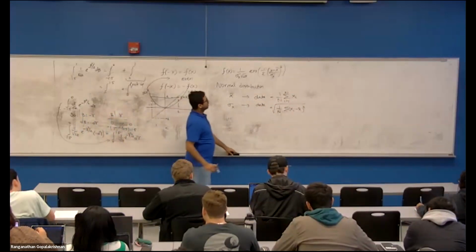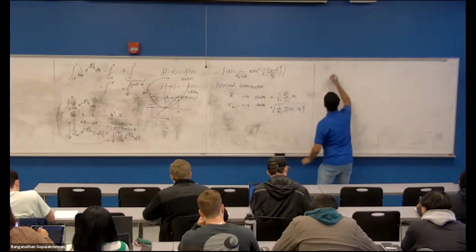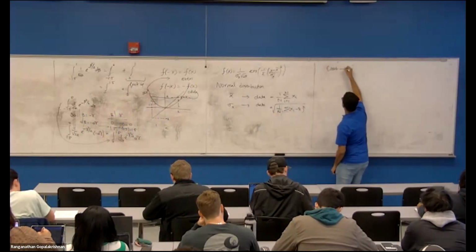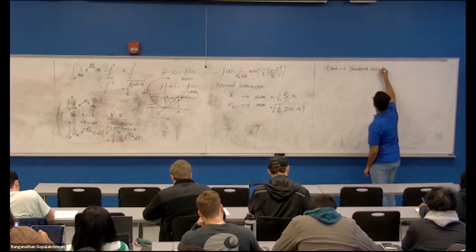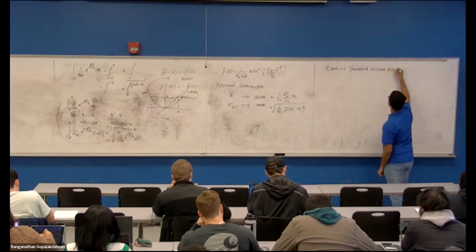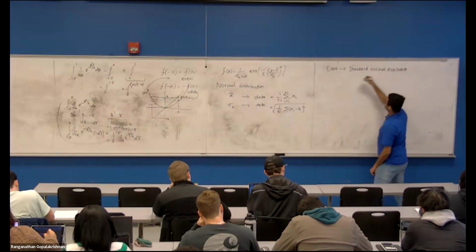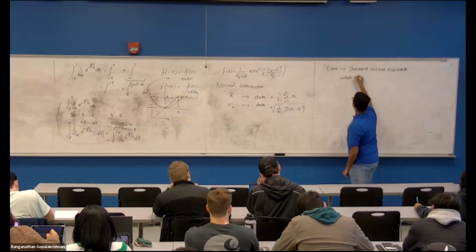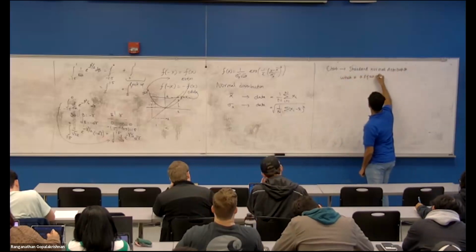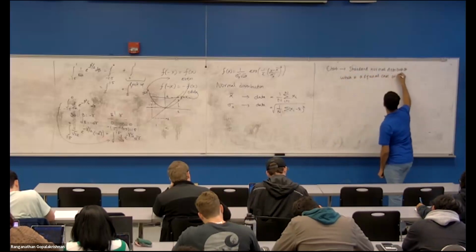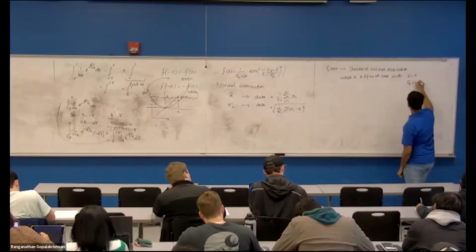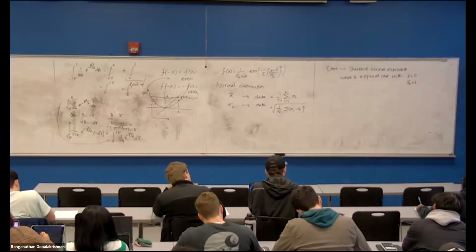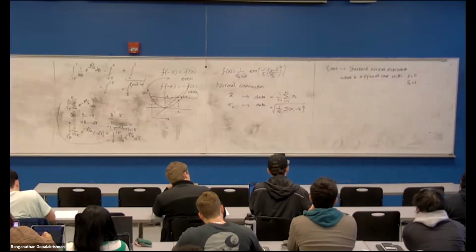All right. The chart that we saw is for the so-called standard normal distribution, which is a special case with mean equal to 0 and standard deviation equal to 1.